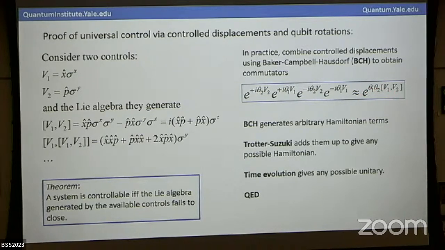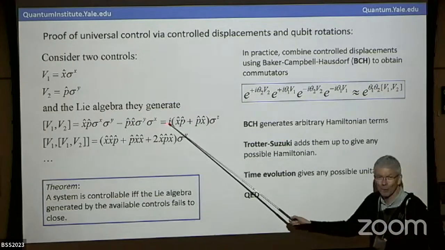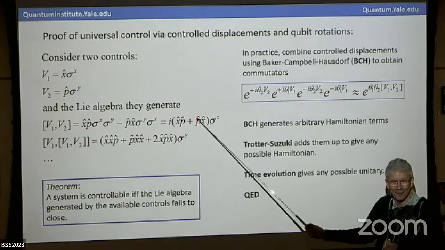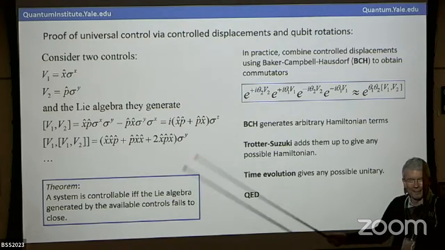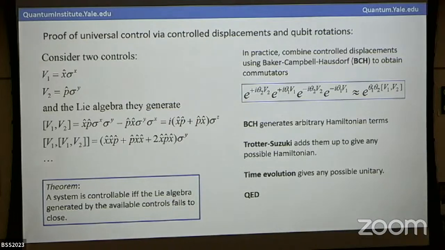So now I have a way of generating an effective Hamiltonian, a unitary like time evolution under a Hamiltonian containing this more complicated term. And then I just keep going. If I have infinite time and no decoherence and perfect controls, I can do anything.